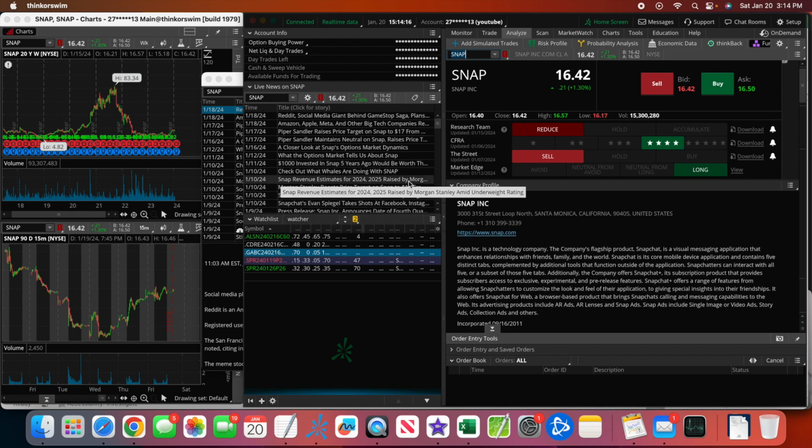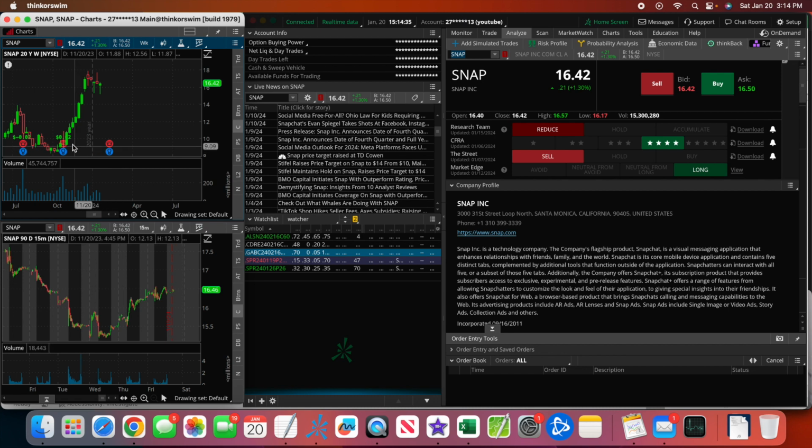Snap estimates. They think Snapchat's going to blow up. Price target. Let's see, when did you guys report? You guys are about to report.